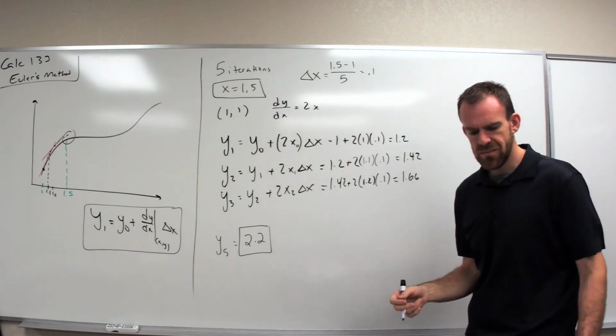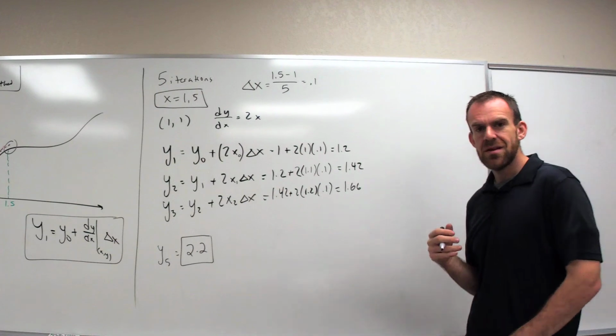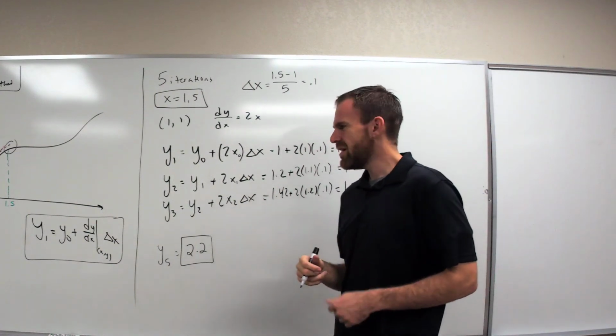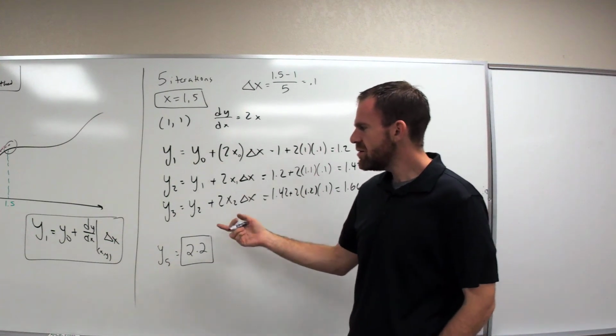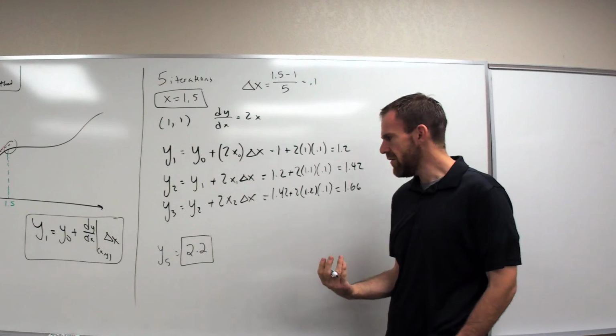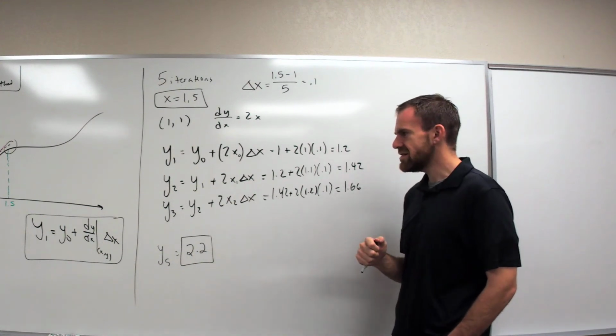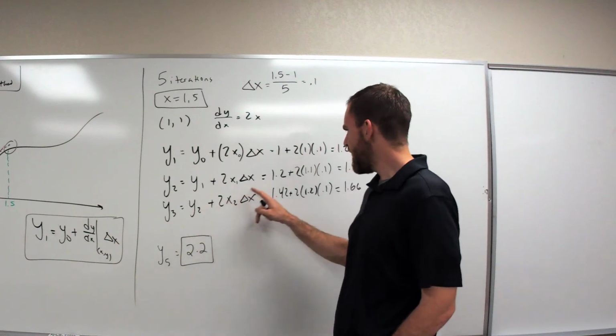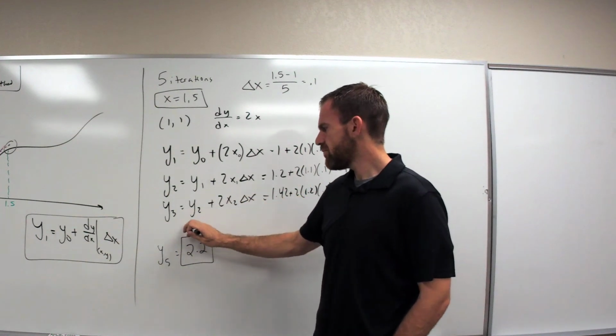We get 2.2. Now, just a quick trick, because the computer science in me is just killing me. How can you plug this into your calculator where you just press enter a bunch of times and then it works? That is a great question. So really what you want to do is you're going to take the answer from before.